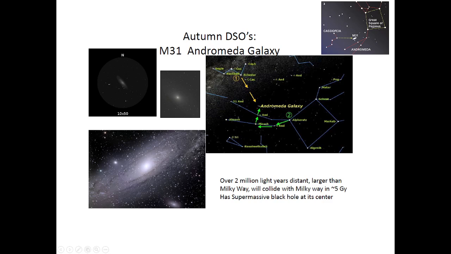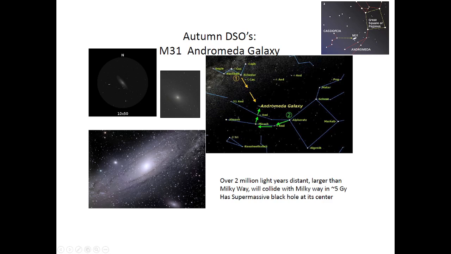Another way to find the Andromeda Galaxy, either with a pair of binoculars or a telescope, I tend to use the W shape in the constellation Cassiopeia, and the star Schedar in particular. I like to use that to point to the Andromeda Galaxy. So it's three-quarters of the way out to Andromeda from Cassiopeia is where the Andromeda Galaxy lies.